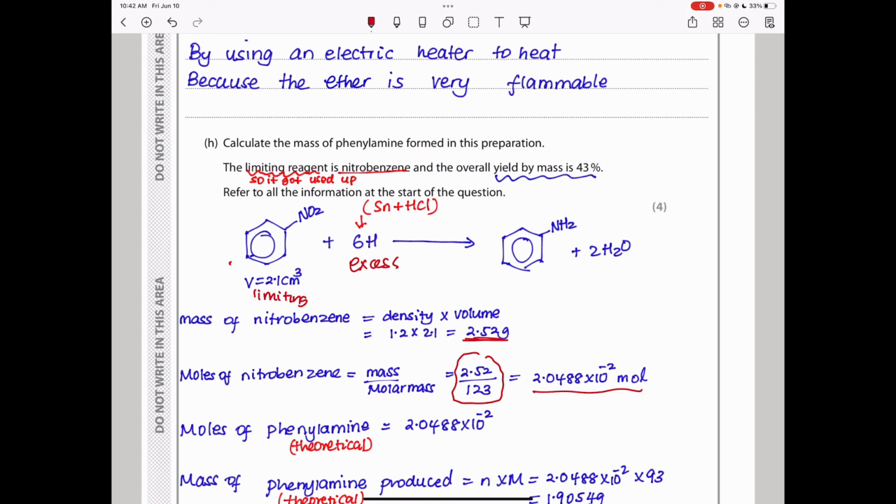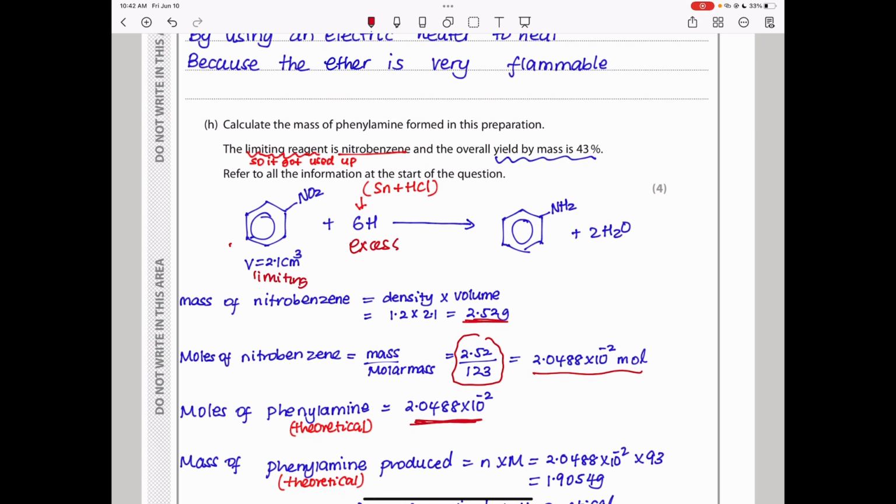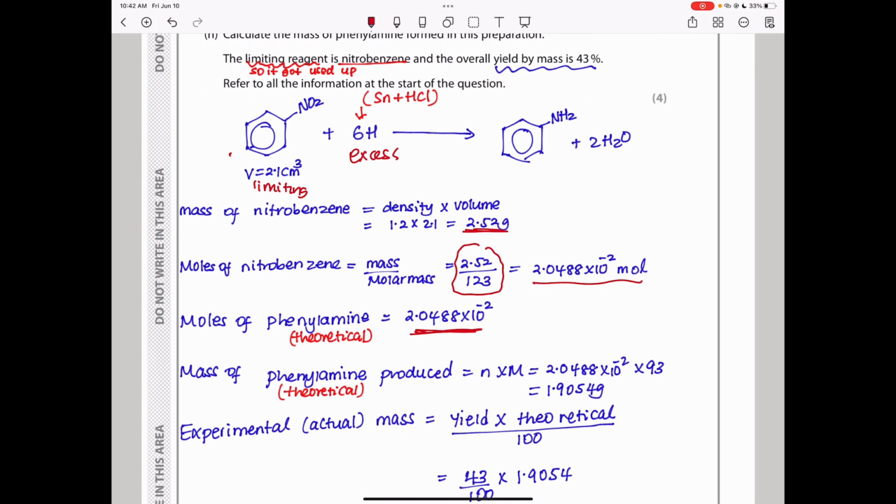Then I know the mole ratio is 1 to 1, so the number of moles of nitrobenzene are exactly the number of moles of phenylamine. These are theoretical moles. Since we have the number of moles of phenylamine and its molar mass, I can find the theoretical mass: number of moles times molar mass. So this is going to be the theoretical mass.